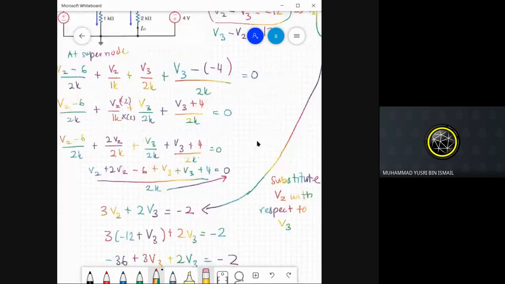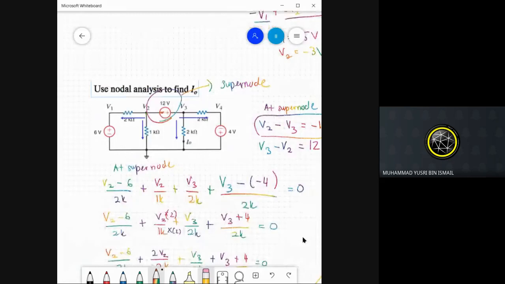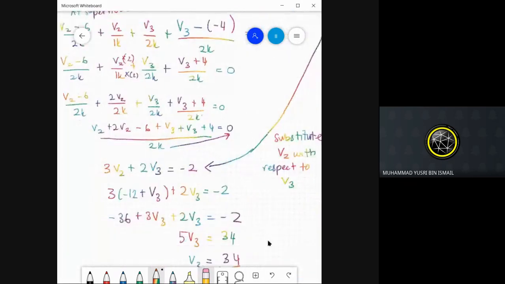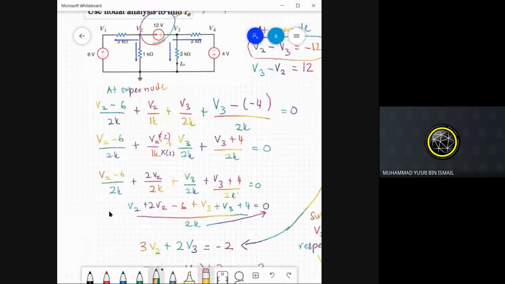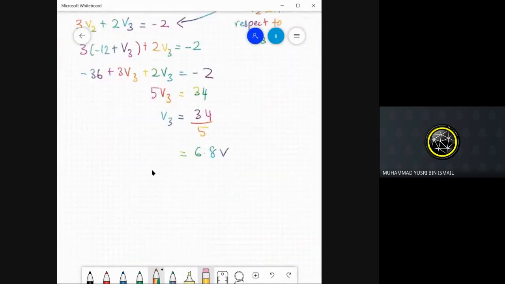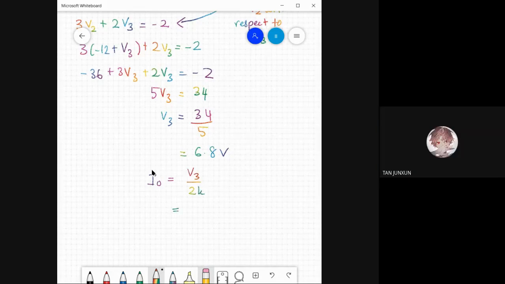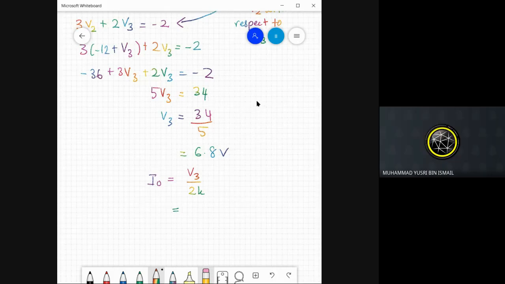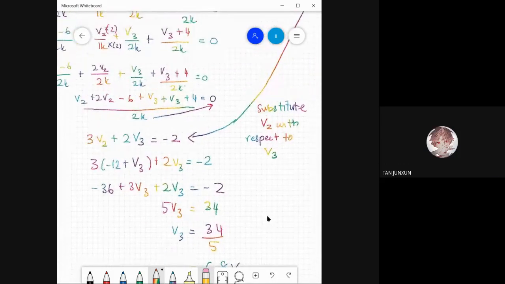Okay, so now use nodal analysis to find I naught. So I naught is basically V3 over 2K. Why is it negative 2?